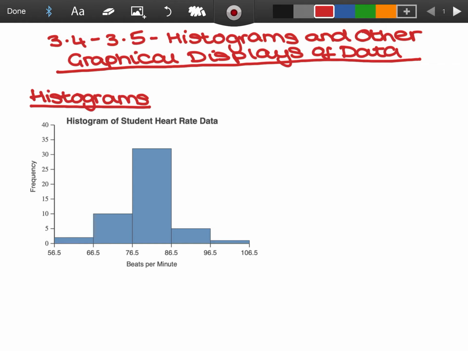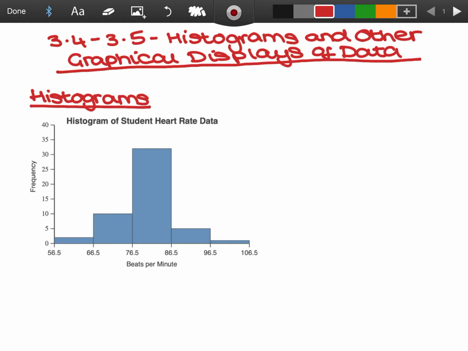If you remember back to the last video, when we were looking at these frequency distributions, we did one with the heart rates of students. And I said to you that you have to remember that those classes actually include the decimals that would round to the values that are in that class.